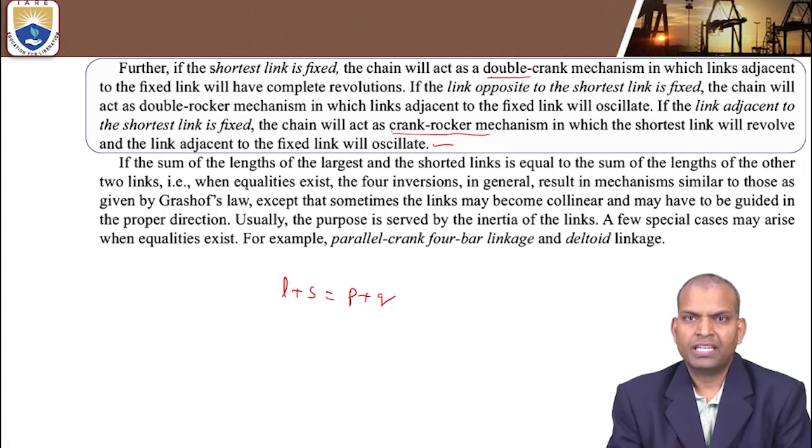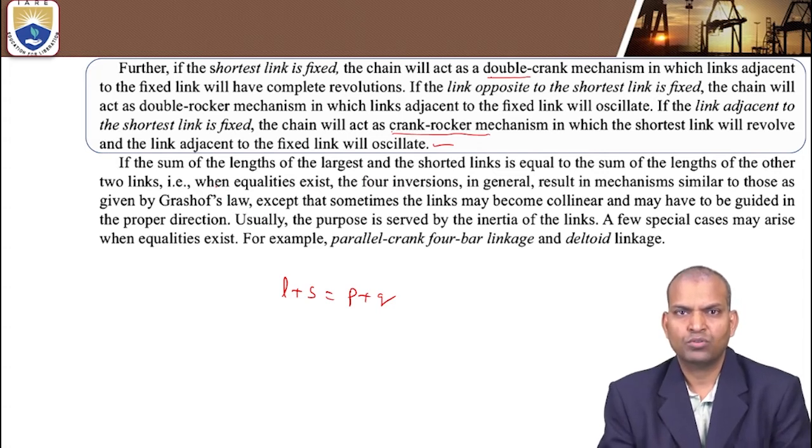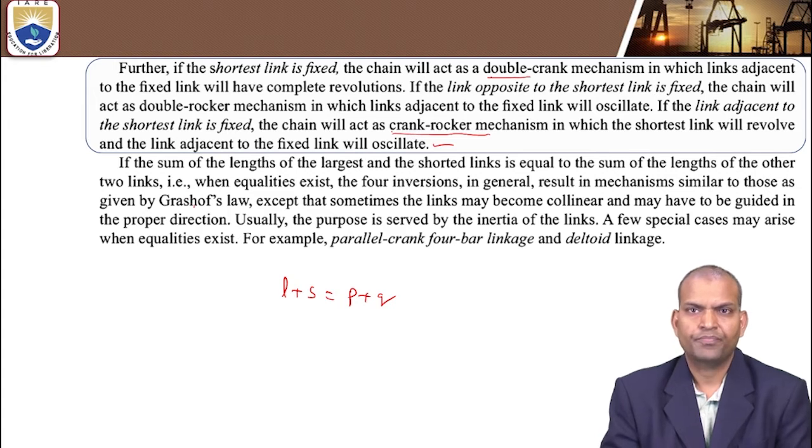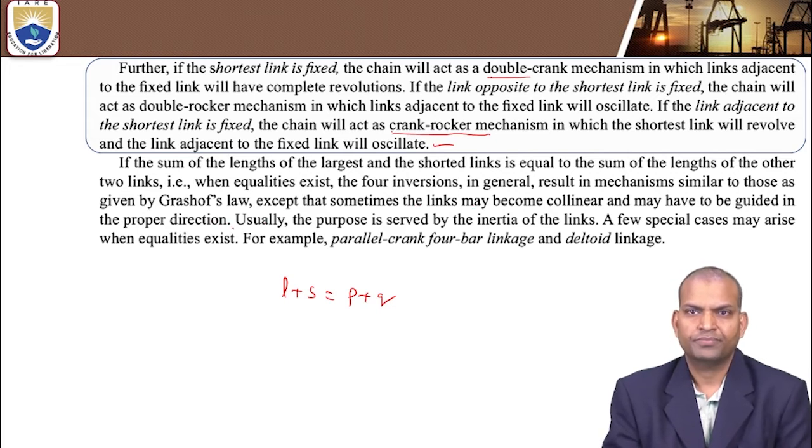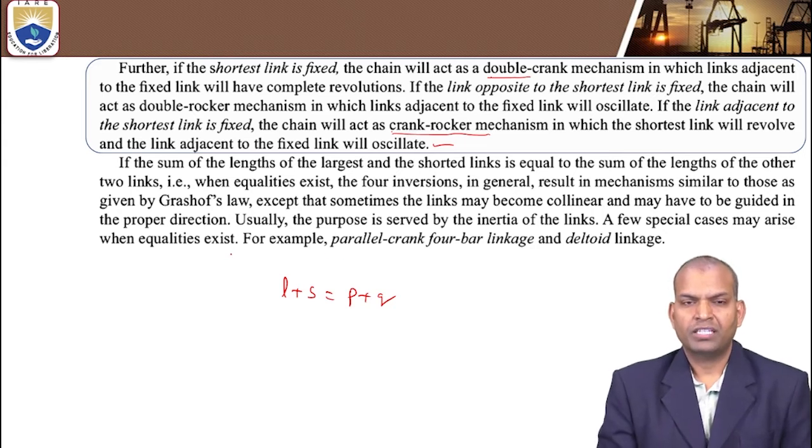The 4 inversions in general result in mechanisms similar to those given by Grashof's Law, except that sometimes the links may become collinear and may have to be guided in the proper direction. The purpose is served by the inertia of the links. A few special cases may arise when equalities exist.